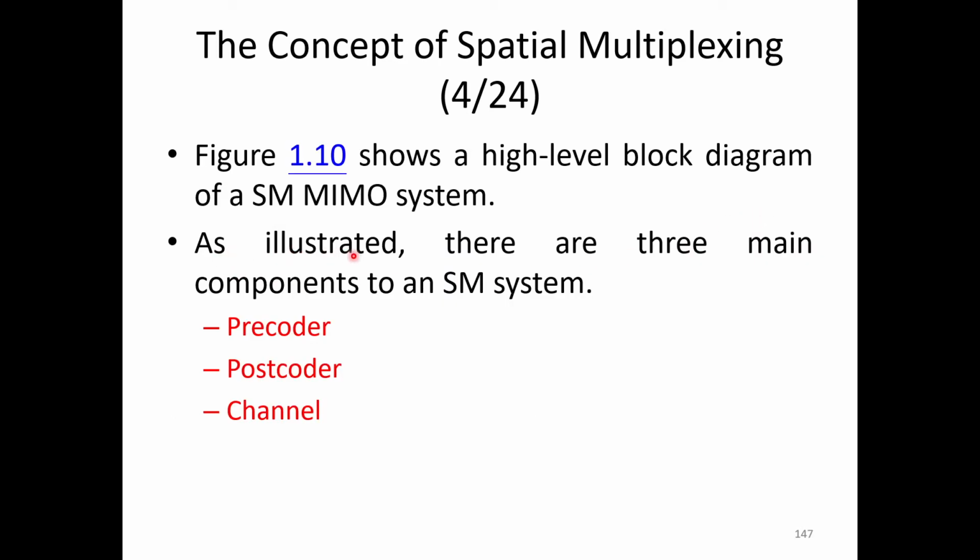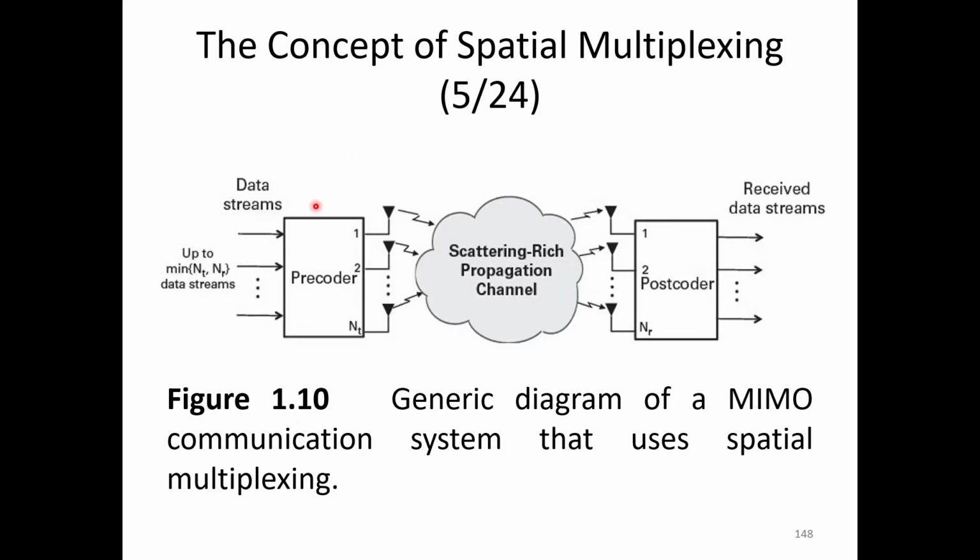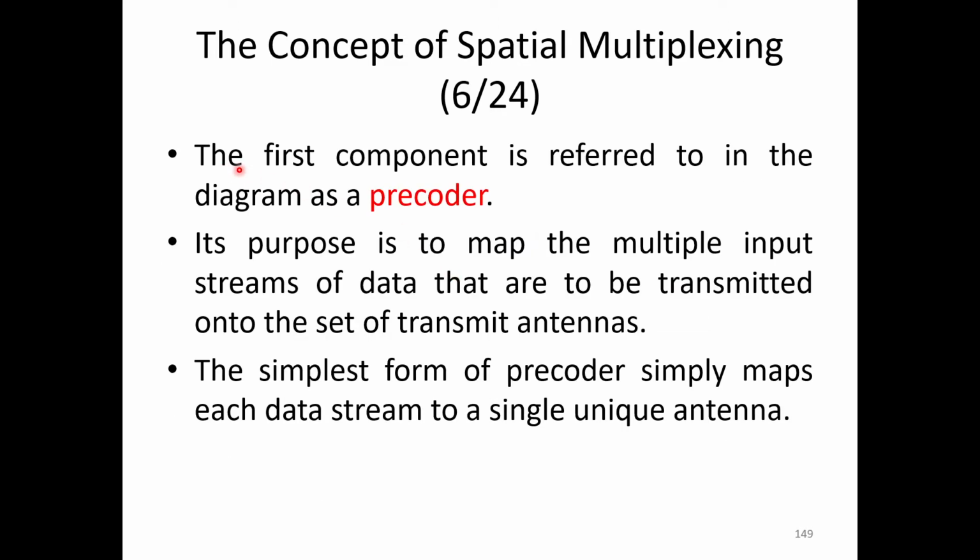So as illustrated, there are three main components to an SM system: the precoder, postcoder, and the channel. Okay, this is the precoder, this is the postcoder, and this is the channel. The first component is referred to in the diagram as a precoder.